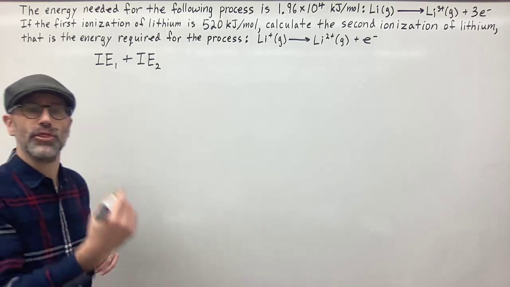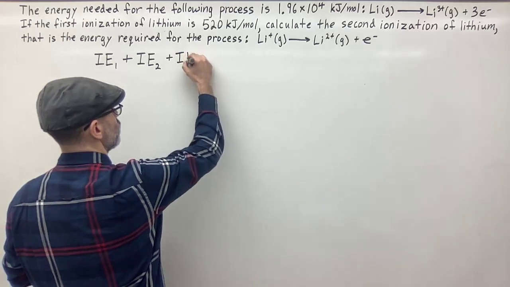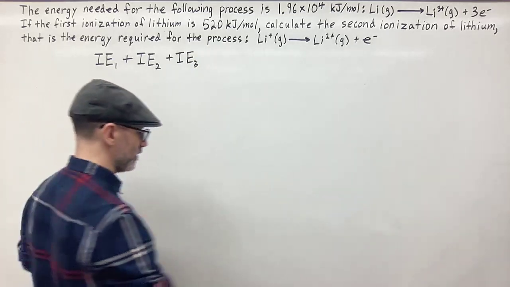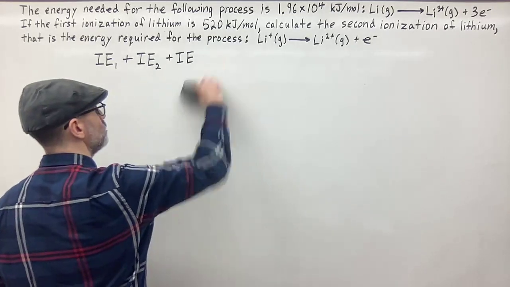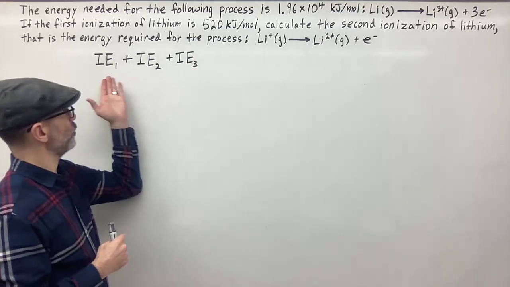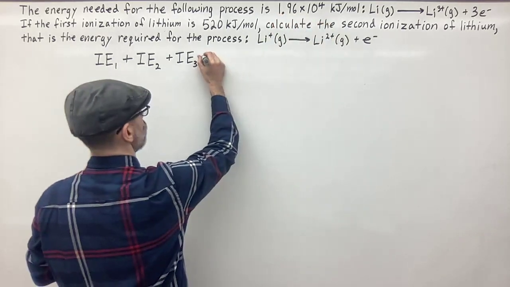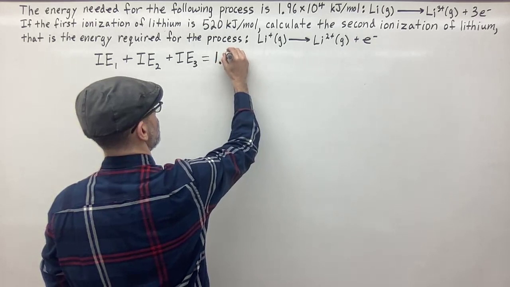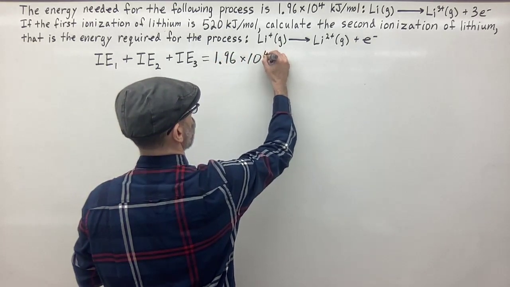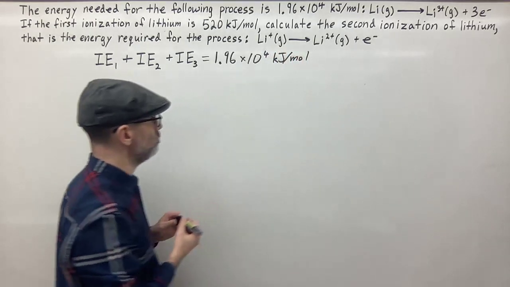And then when we remove the third electron, we're going to add the IE3, the third ionization energy. And so the 3 ionization energies added together is going to equal 1.96 times 10 to the 4th kilojoules per mole.